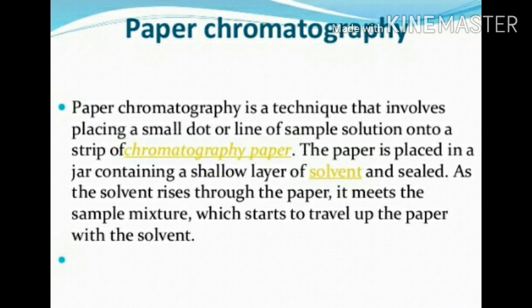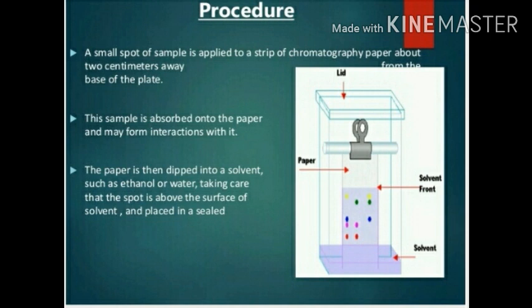in food. Paper chromatography is a technique that involves placing a small dot or line of sample solution onto a strip of chromatography paper. The paper is placed in a jar containing a shallow layer of solvent and sealed. As the solvent rises through the paper, it meets the sample mixture. And here is the procedure; just look at the picture.